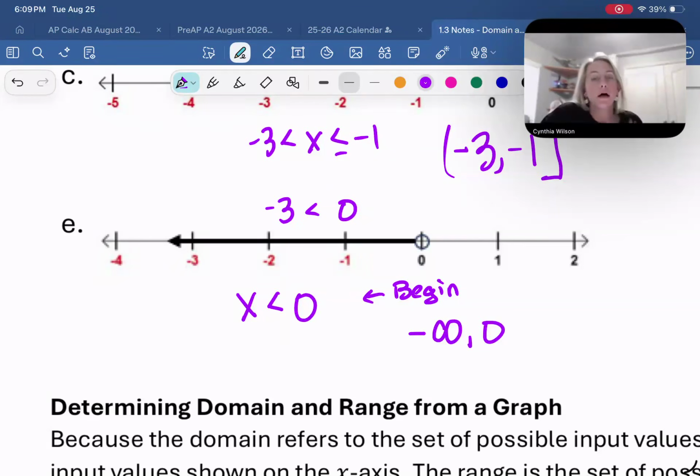Go ahead and put the correct interval in the chat for me. Some of you have already done it. Good, good. Both parentheses. Well done.